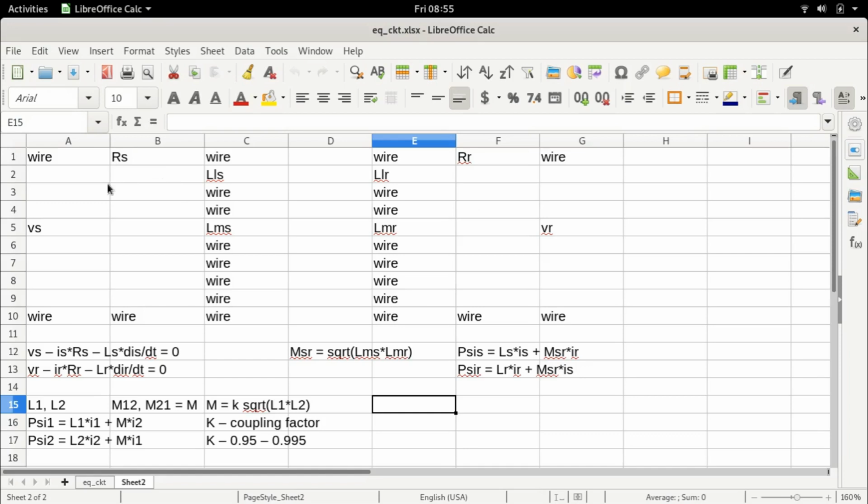The stator winding consists of a stator resistance, a leakage inductance and a magnetizing inductance. And the same can be said for the rotor as well. There is a rotor resistance, a leakage inductance, and a magnetizing inductance. So this is very, very general. Now, you can with these write these equations, and that's what we've done.